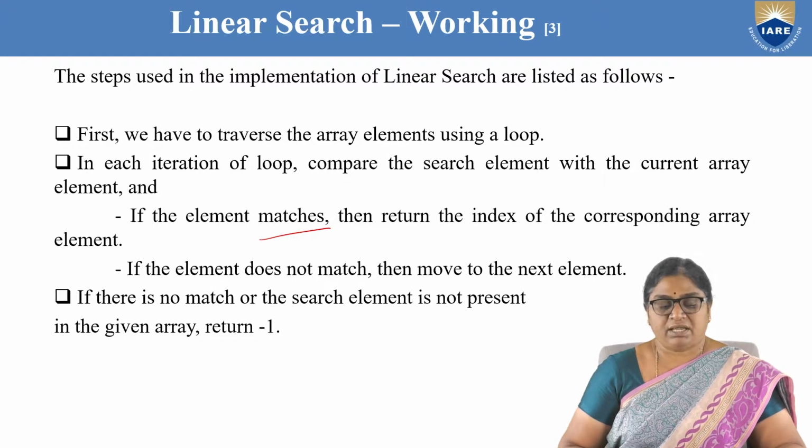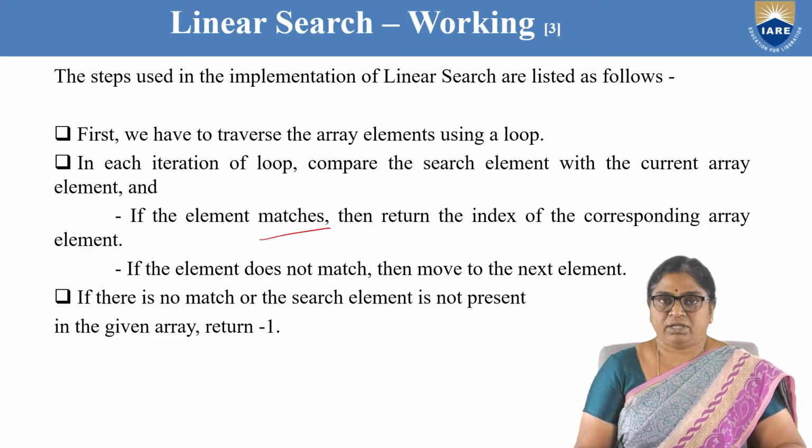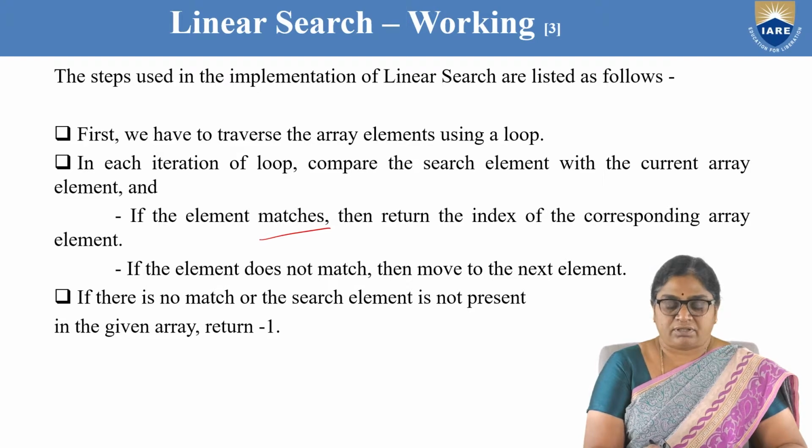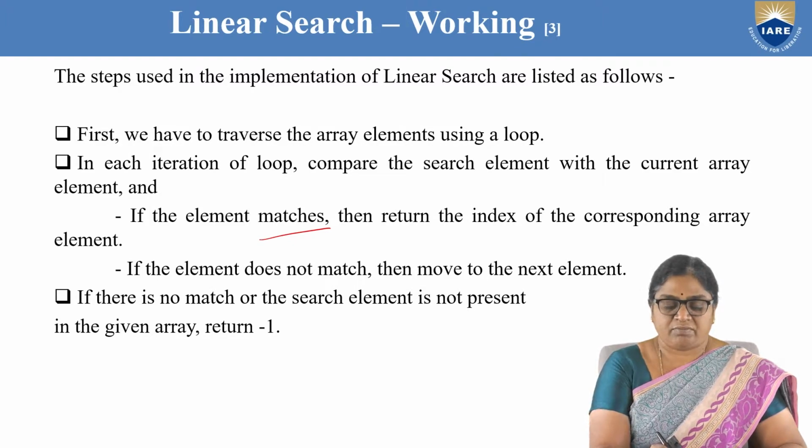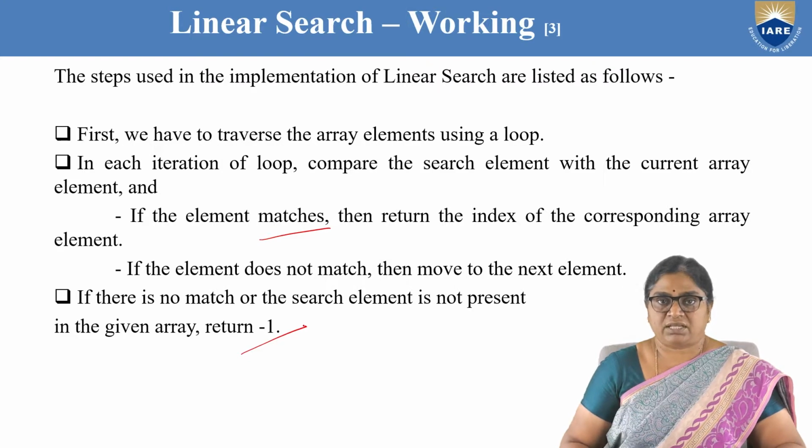Otherwise, if the element does not match, then move to the next element and continue this process till we exhaust the list. If there is no match or the search element is not present in the given array, then return -1, which indicates that this searching operation is unsuccessful.